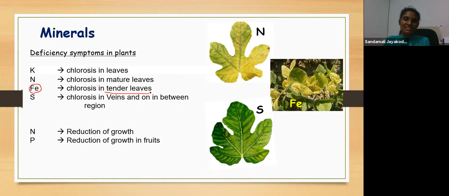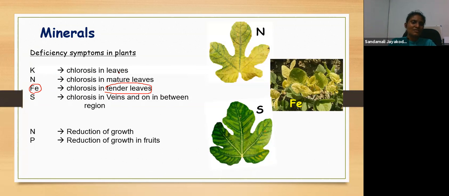Tender leaves, that means young leaves, small leaves on a tree, become yellow in color, just like this. Small leaves are becoming yellow in color. And due to the deficiency of N and K, and also due to the deficiency of sulfur, chlorosis again occurs, but in different places.